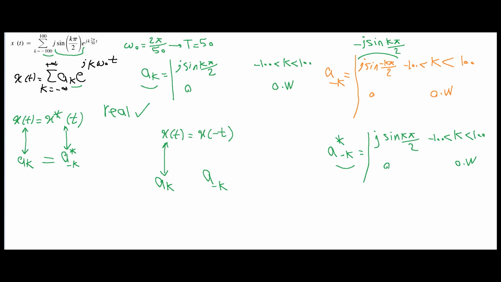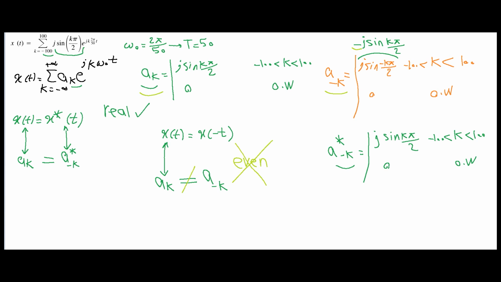Let's compare these two coefficients. a_k is j multiplied by sine of kπ over 2, whereas a_(-k) is minus j multiplied by sine of kπ over 2. Clearly, these two expressions are not equal. Therefore, the signal is not even.